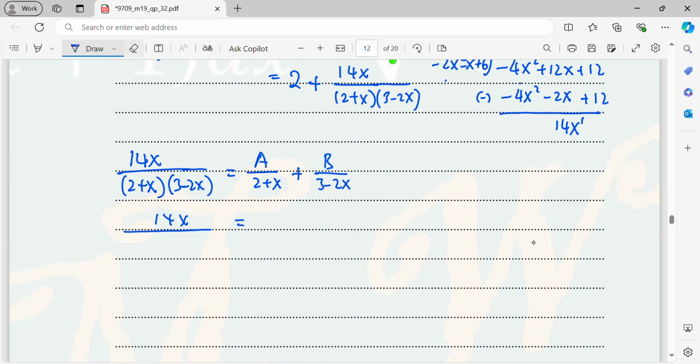Then you will get the same denominator as in the left hand side. For the first term, I have 2 plus x, so I need to multiply by 3 minus 2x for both numerator and denominator. Sorry, there is a mistake, this is 2x.